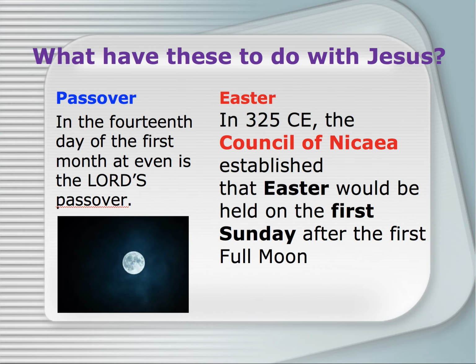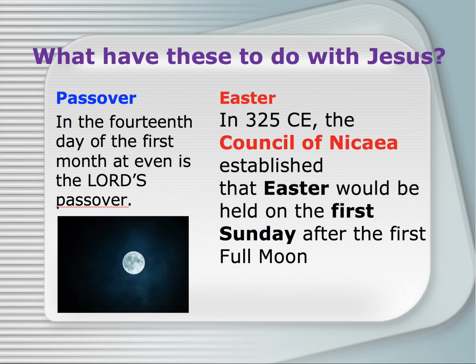and Nicaea established that Easter would be held on the first day after the first full moon. So a couple of things there. The first month of the Hebrew calendar is Nisan, and the 14th day of the first month is Passover. The 15th day of Nisan is always a full moon.